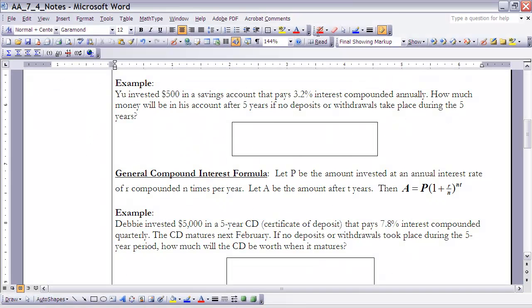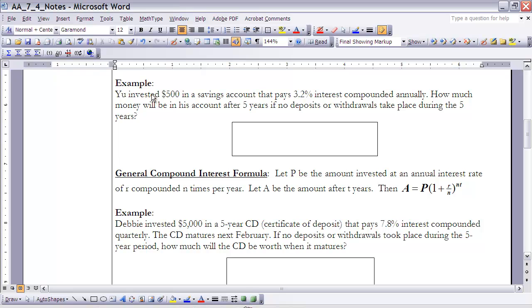So let's take a look at this first example. It says you invested $500 in a savings account that pays 3.2% interest compounded annually. How much money will be in the account after 5 years if no deposits or withdrawals take place during the 5 years? Okay, so there's some information there that we have to be familiar with.